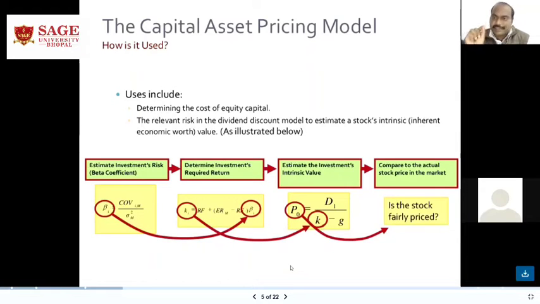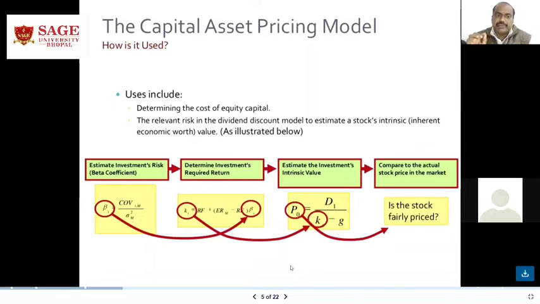Systematic risk is market risk, which I cannot avoid as an individual. That is systematic risk. Unsystematic risk is avoidable risk, which I can avoid by identifying better stocks. That is unsystematic risk.